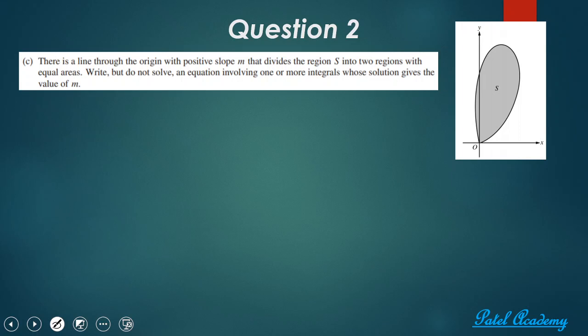Second of all, I see one or more integrals. Now, this isn't always the case, but a lot of times when you have this additional wording, one or more integrals, you're going to have more than one integral.